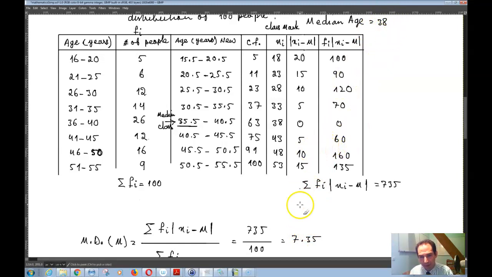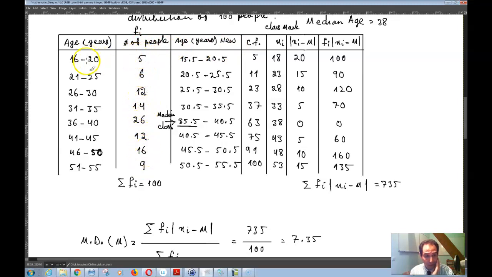That means that the ages are relatively very close, very packed together. Meaning that, as you can see, the frequency over here, you don't see very large numbers.